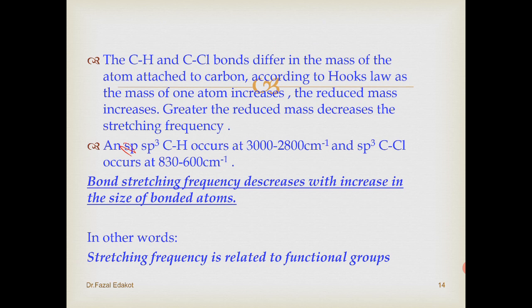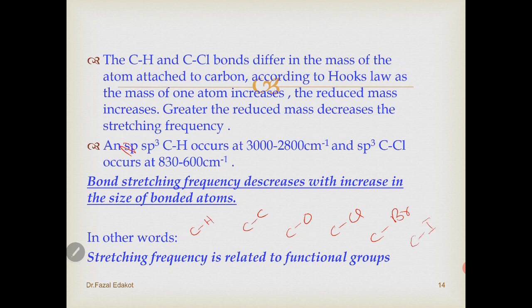As the mass of the atom attached to a carbon increases, the reduced mass increases and hence the frequency of the vibration decreases. So please look at this example. Let us take C-H, C-C, C-O, C-Cl, C-Br and C-I.